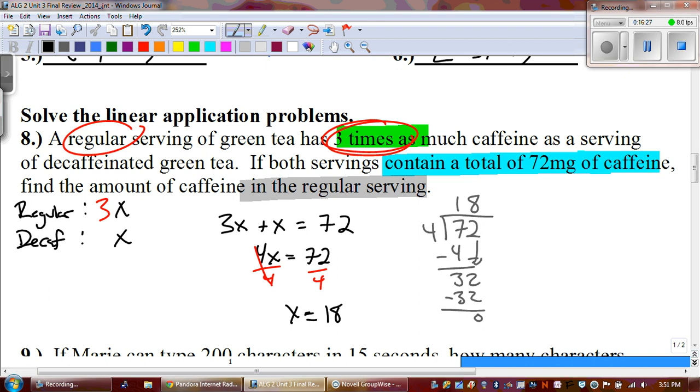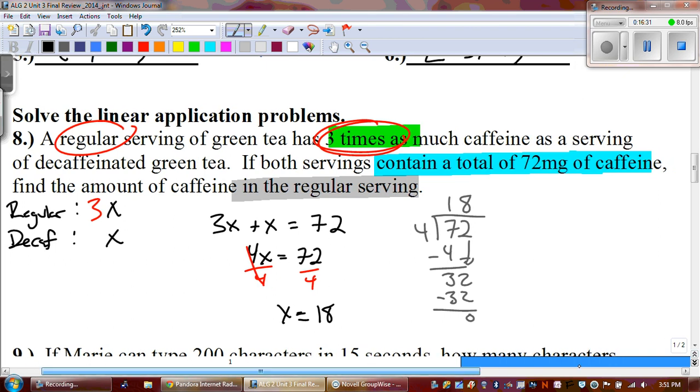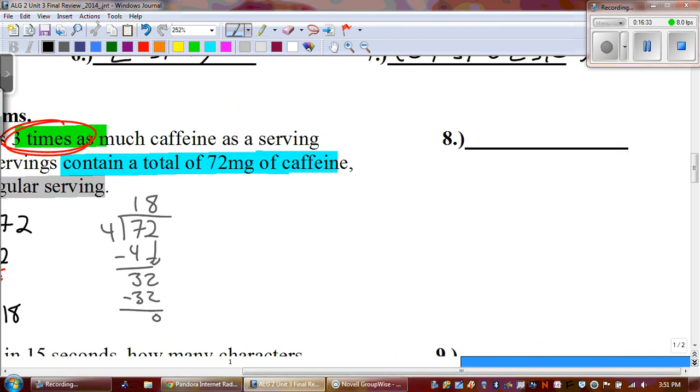Now, that's the x, but we want the regular. I made the same mistake and Miss Carranza yelled at me. Okay, so the regular is 18, or the x is 18. We want regular, so that's 3 times 18.